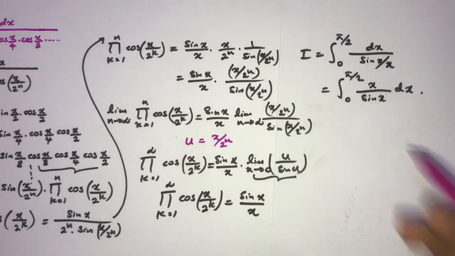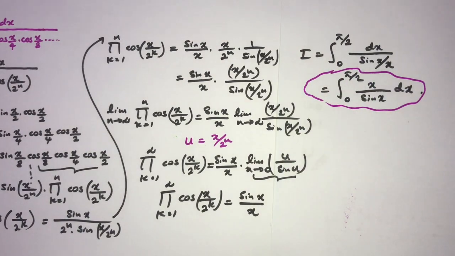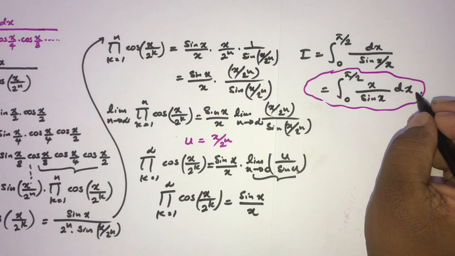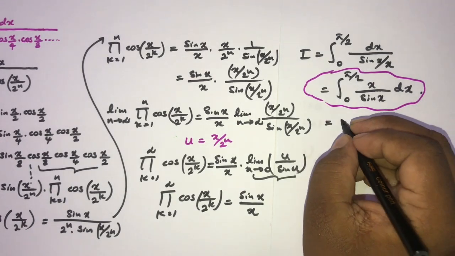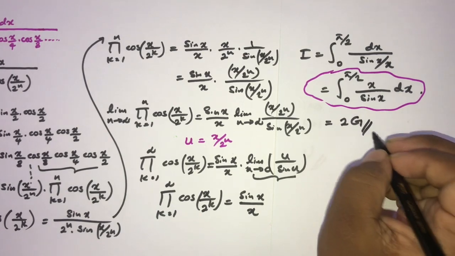Now we have another interesting integral, and we evaluated this integral in a previous video. So we know this integral is equal to 2 times G. So the answer is 2 times G. G we know is Catalan's constant.